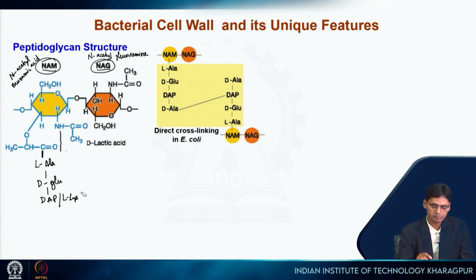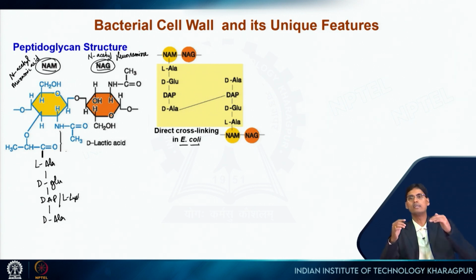Another amino acid is D-alanine, as you can see in this figure. So this is in E. coli. We have a chain of sugar polymer with repeating subunits like NAM, NAG, NAM, NAG.